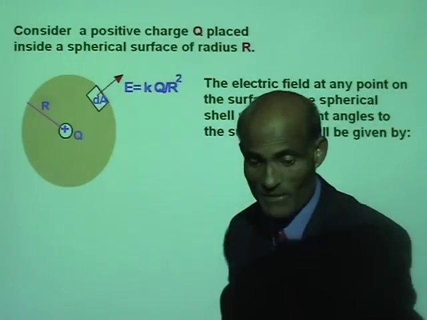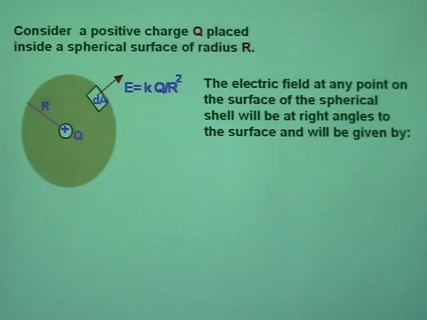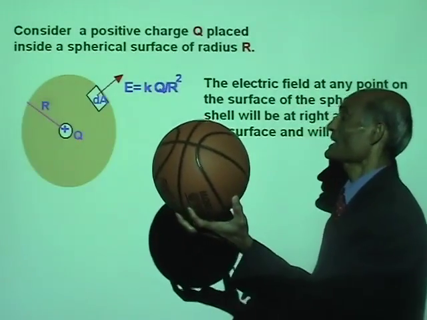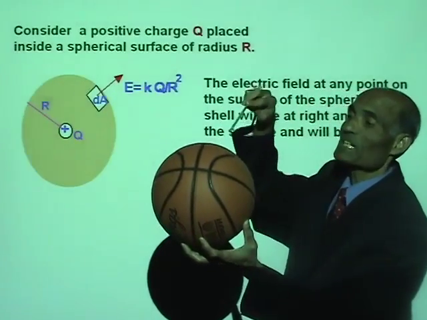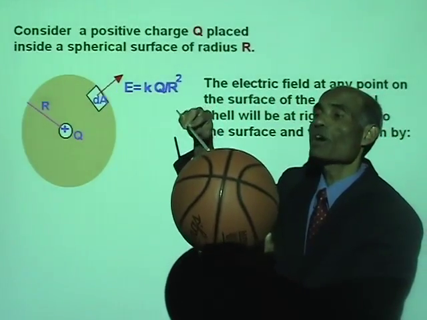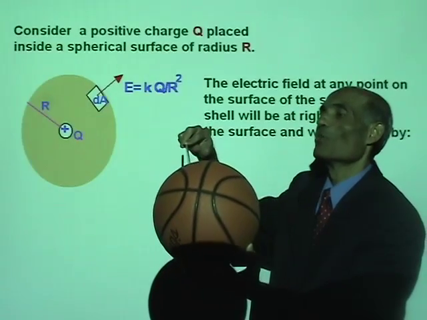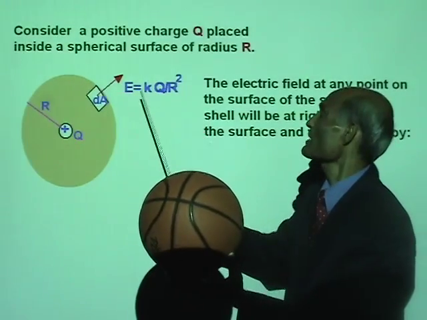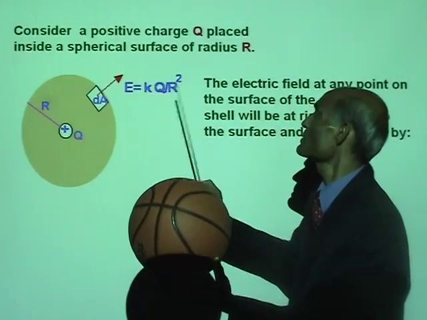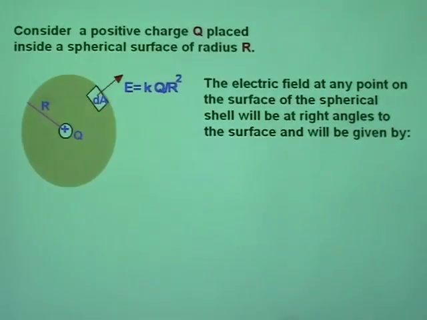So if you have a spherical surface that carries a charge q inside, then the electric field at any point on the surface will be at right angles to that surface, and its magnitude will be E equal to kq over r squared.